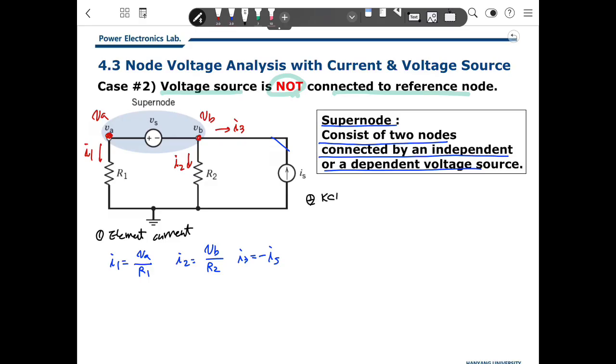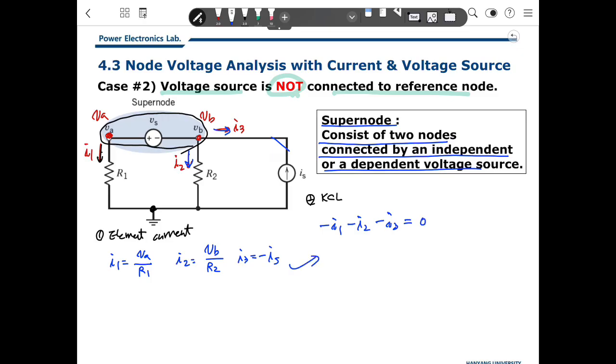And second, KCL at every node. Because this is the ground node, I mean the reference node, only the supernode remains. As for the supernode, I1 is out of here, so minus I1, I2 is out of here, minus I2, and I3 is out of here, minus I3, will be 0.